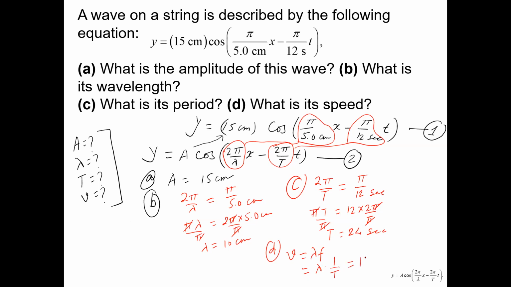I calculated lambda as 10 and the time period as 24, so v = 10 divided by 24. You can use a calculator, and you can convert into decimal also, and that should be in centimeter per second. Just make sure that because lambda is measured in centimeter and time in second in our calculations, it should be centimeter per second. You can convert into meter per second also, and into decimal places also.